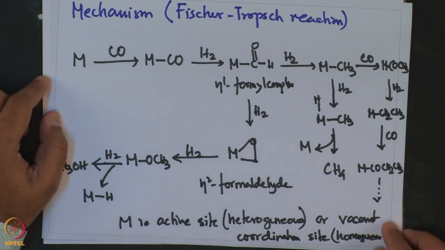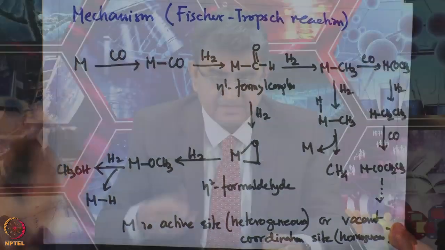So, this is a nice demonstration of this C1 chemistry, where the reduction of carbon monoxide can be achieved at very high conditions, homogeneous as well as heterogeneous, to produce hydrocarbons or alcohols or esters, and so on and so forth.